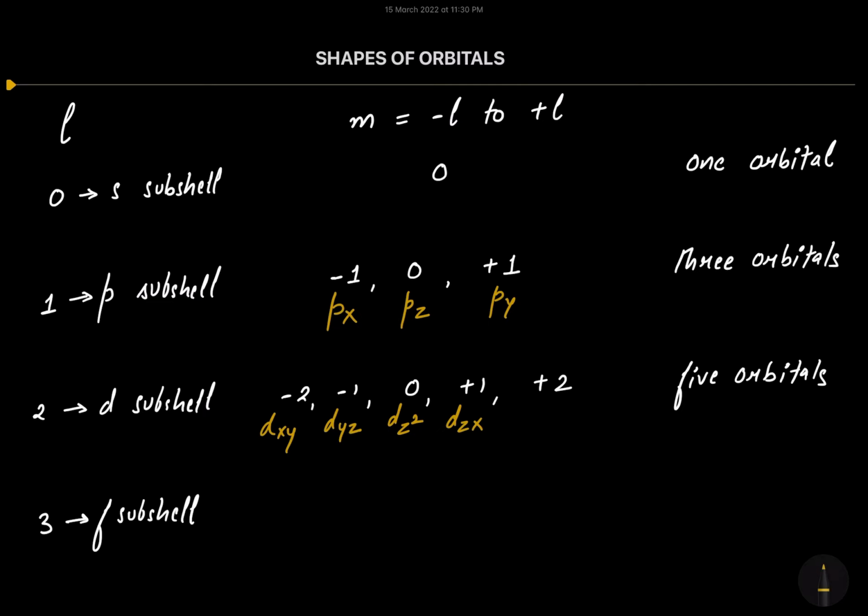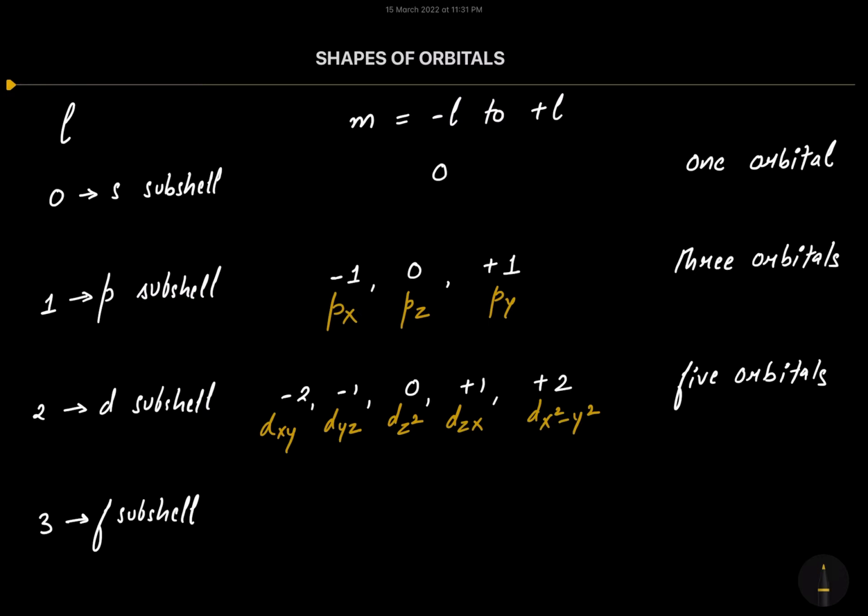And plus 2 stands for dx square minus y square. So these are the specifications of all the values of m in case of p subshell and d subshell. We got the names of different orbitals like px, py, pz, dxy, dyz, dz square, dzx and dx square minus y square.